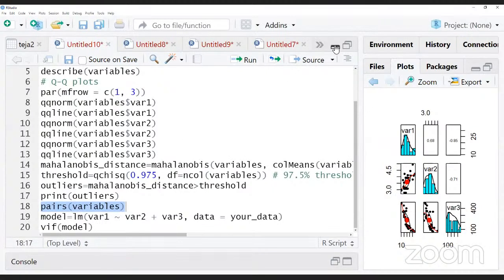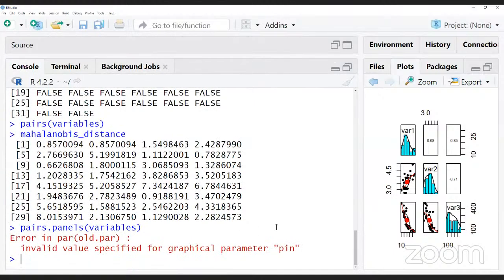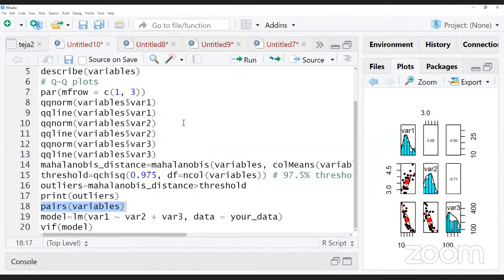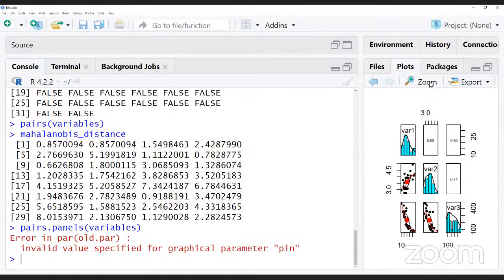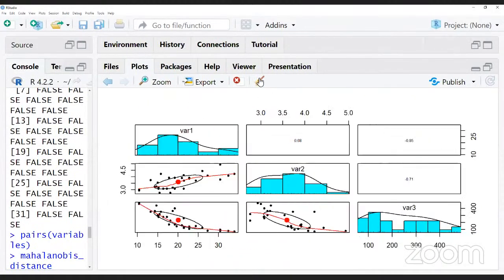You can clean the data, because the partitions are there. You clean the plot area. Okay, sir. So this one. Acha, sir, it is coming now.